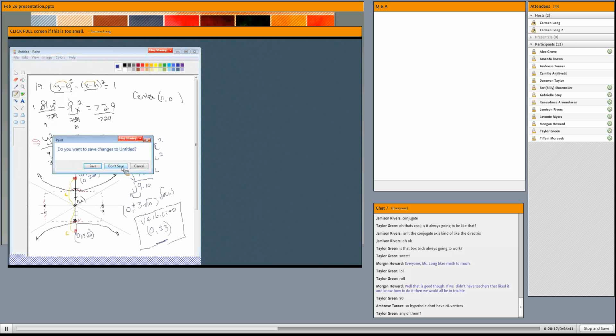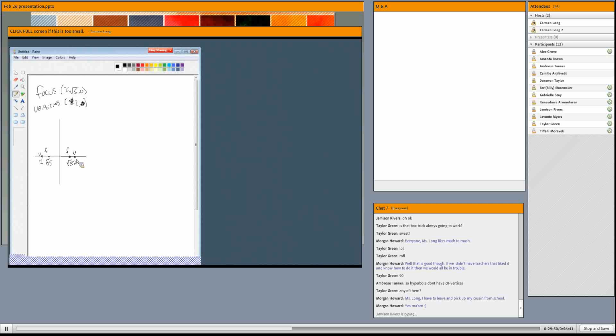And my vertices are at 2, 0. Hold on a second. Yeah, so my vertices are going to be here. They're really close together. Opens. Wait, that doesn't make sense.